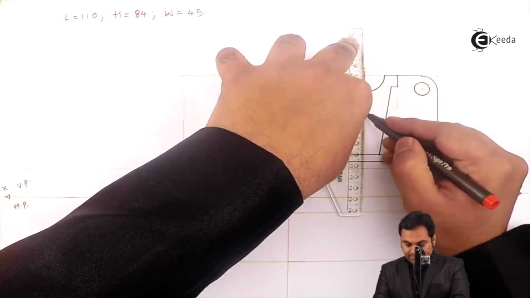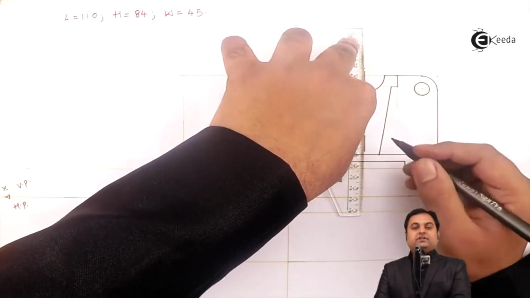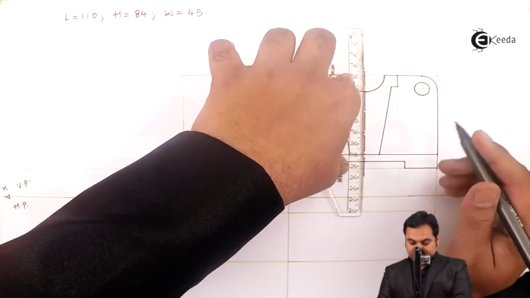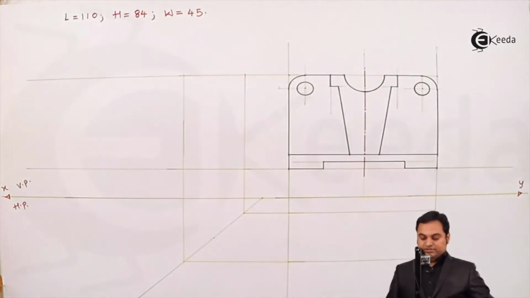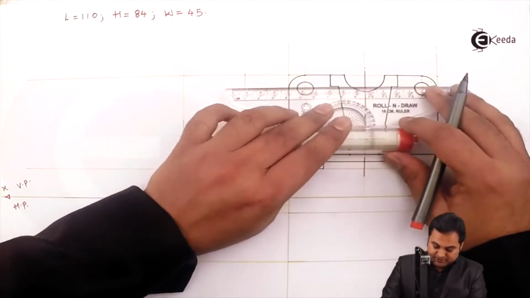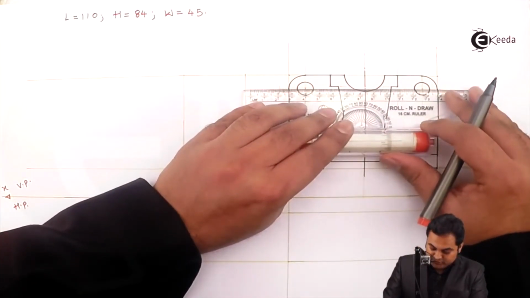Drawing the center line, and this center line should be medium dark, so I'm using red color here, which indicates medium dark line for the center line, and the remaining things are dark. Similarly, marking the center line for these two small circles.